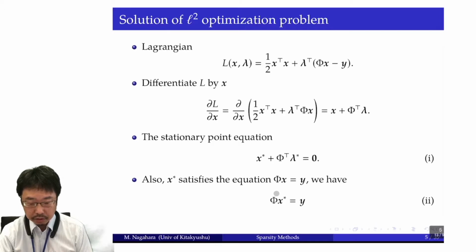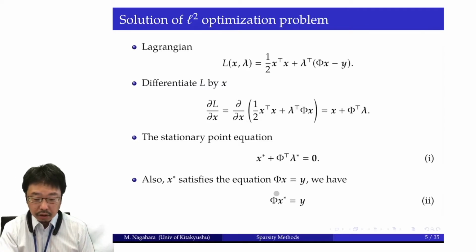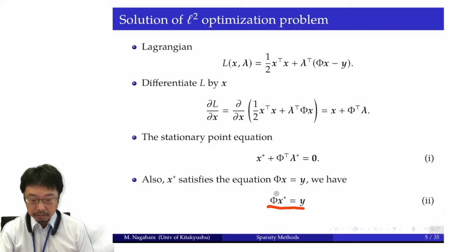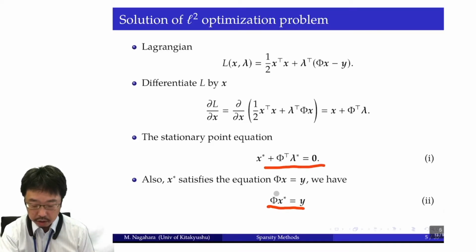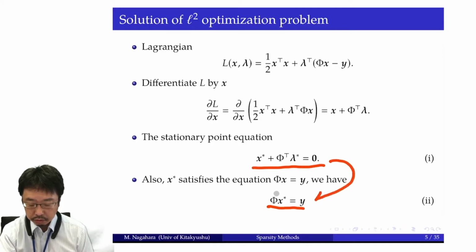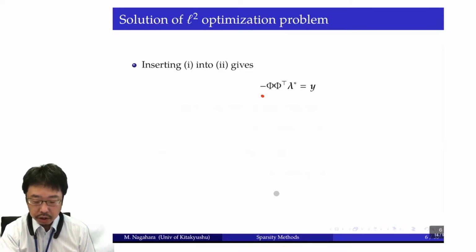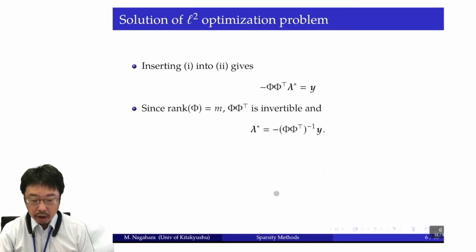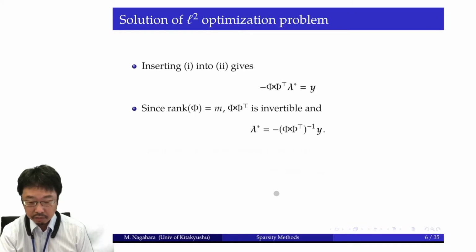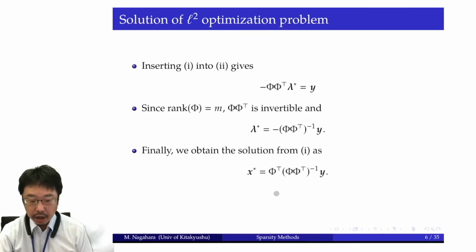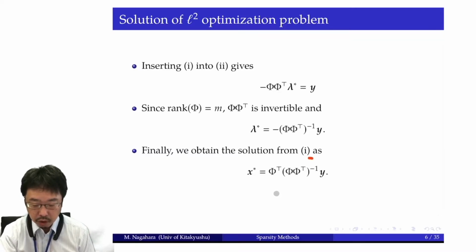Also, x asterisk satisfies the original equation phi x equals y, and hence we have phi x asterisk is y. Namely, inserting equation 1 into equation 2 gives this equation. Since rank phi is m, full rank, phi phi transpose is invertible, and lambda asterisk is given by this. Finally, we obtain the solution from equation 1.